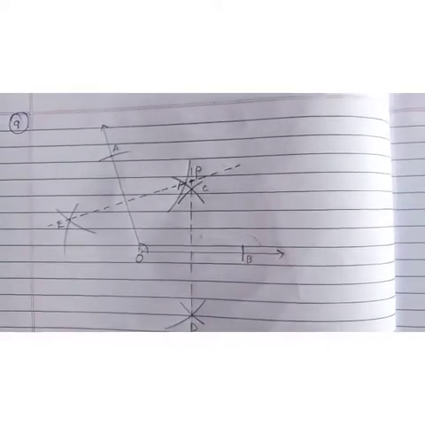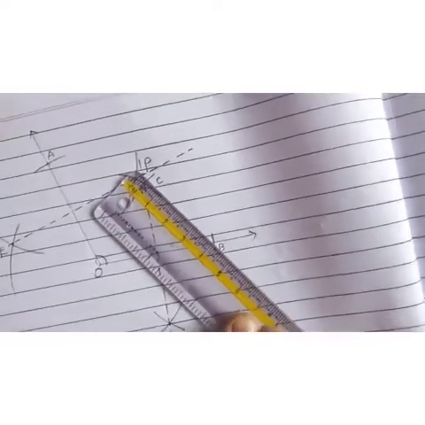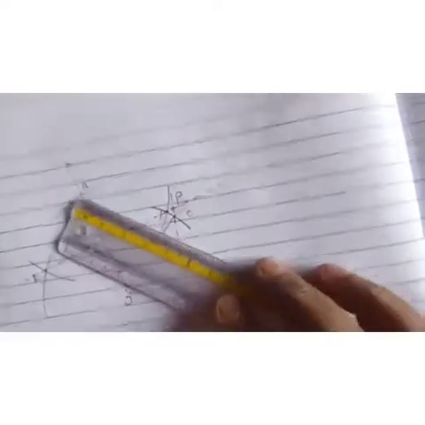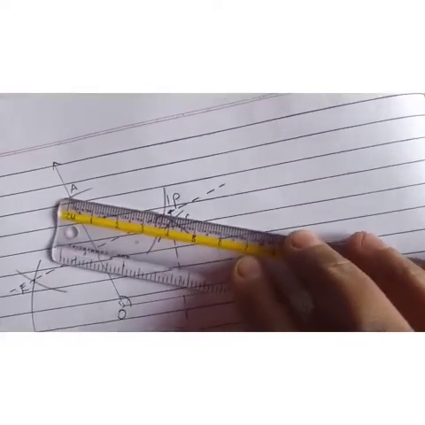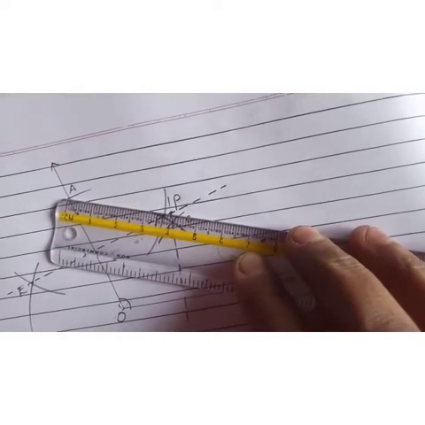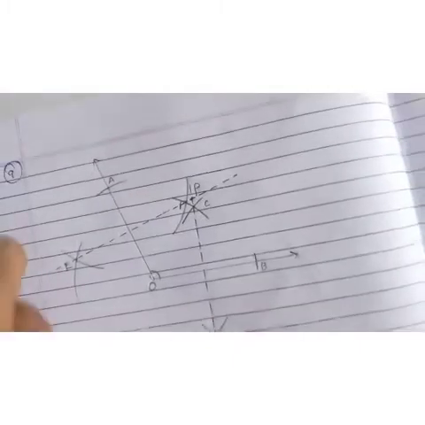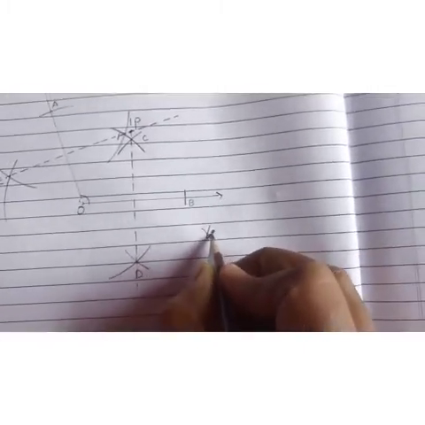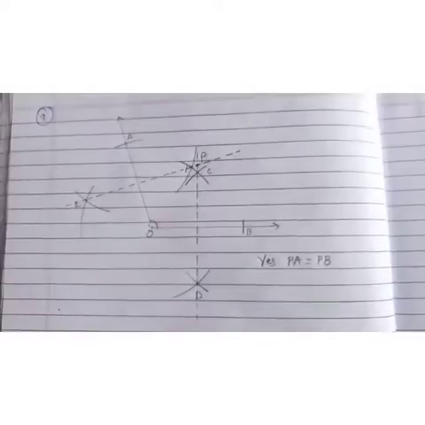I will just draw and show you. Children, observe here, from point P to B it is 4 centimeters. Now adjust your scale with points A and P. Again it is 4 centimeters, isn't it? So is PA equal to PB? Yes, PA is equal to PB.